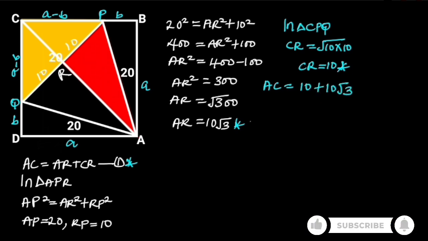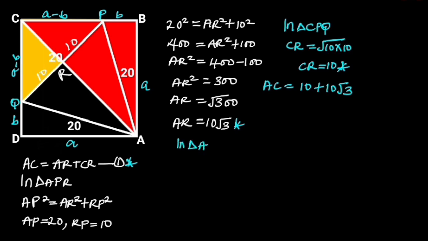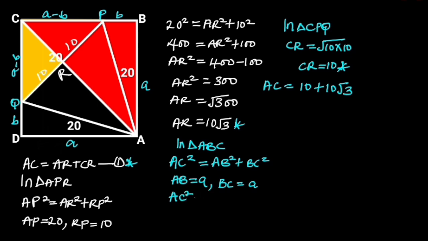Next, let's consider triangle ABC. In triangle ABC, AC squared is equal to AB squared plus BC squared, from Pythagoras theorem. AB is equal to A. BC is also A. Substituting these values in the equation will give us AC squared is equal to A squared plus A squared.